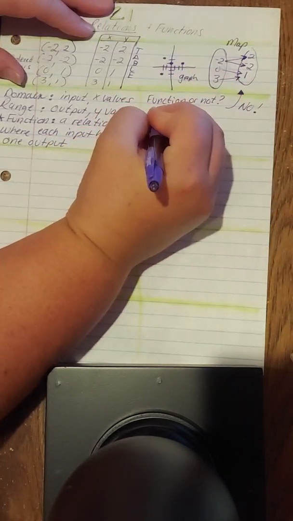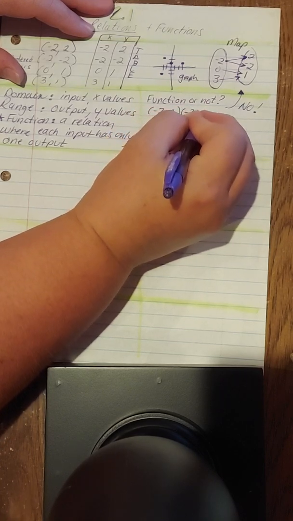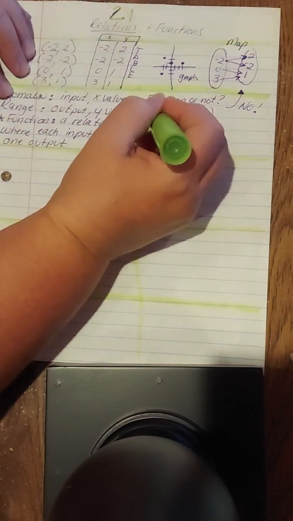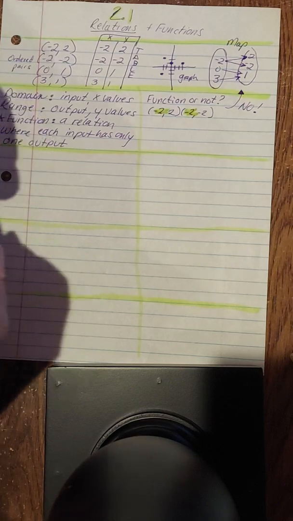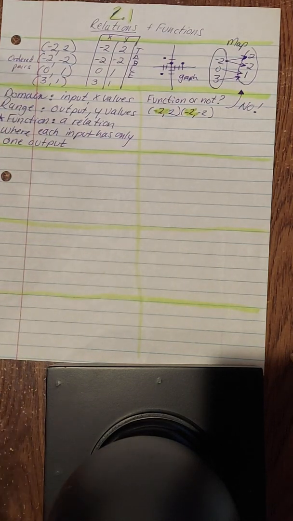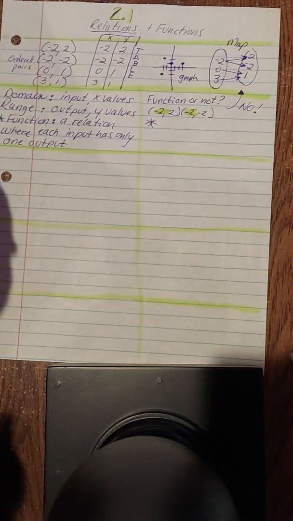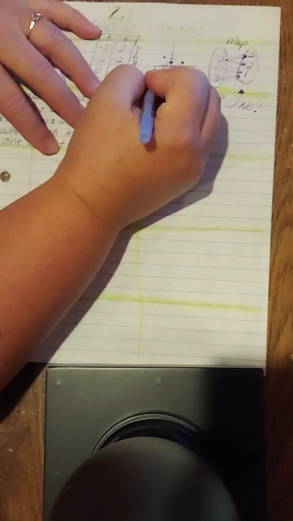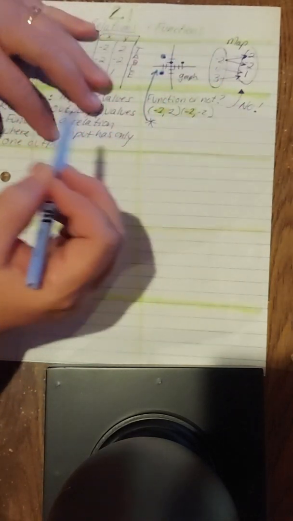So right there, when we have (-2, 2) and (-2, -2), do you see how we repeat the inputs? That does not work. Also, I'm going to highlight this with a different marker. Do you see how these are right over top of one another?